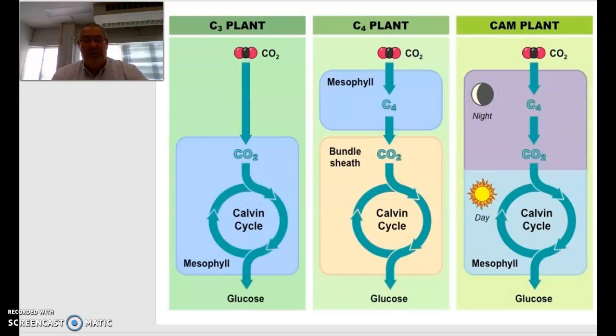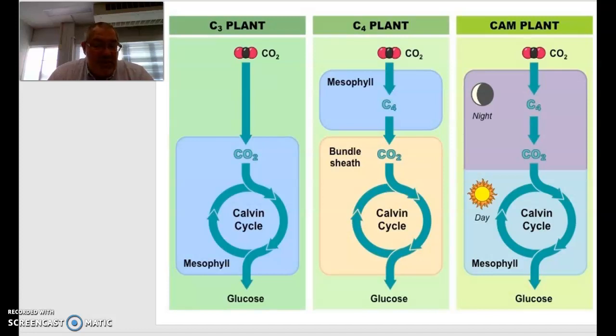We refer to plants that only use the Calvin cycle to fix carbon dioxide and produce glucose sugars as C3 plants. There are 2 modifications in the cycle of fixing carbon dioxide, and they are referred to as C4 plants.